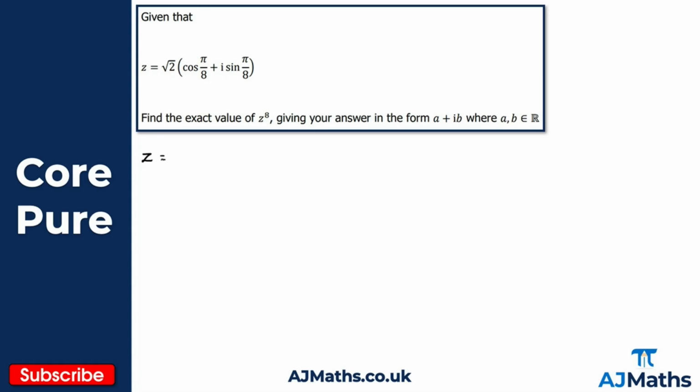So z is equal to root 2 times cosine of pi over 8 plus i sine of pi over 8. If we're looking for the exact value of z to the power of 8, we can simply find this by using de Moivre's theorem.